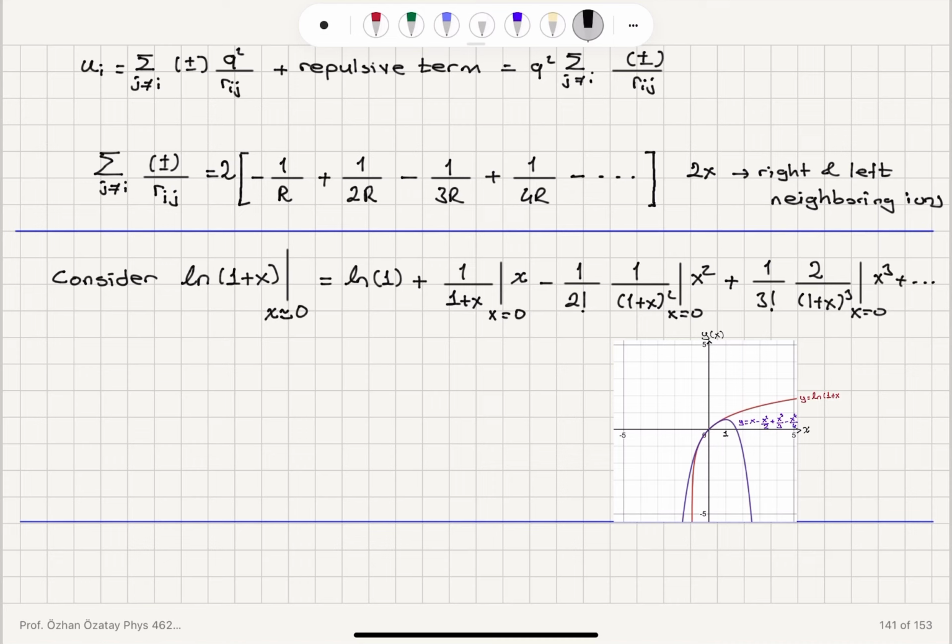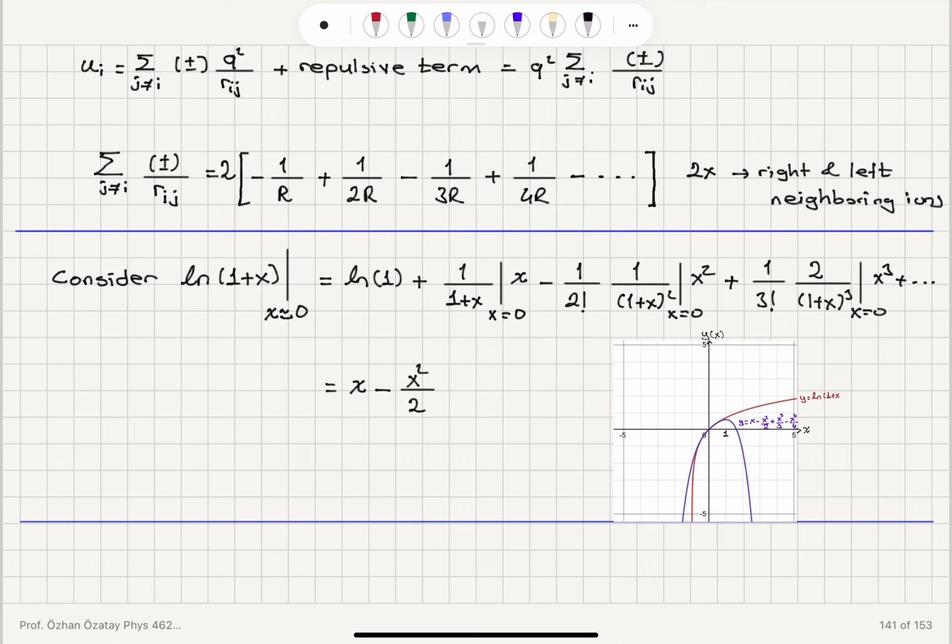So that's the Taylor series expansion. Now what is this equal to? You can see that the first term is 0. Here this is going to give us a 1 times x, so we obtain x. And then the second term, evaluated at 0, this is 1 over 2 factorial x squared, so we obtain minus x squared over 2.